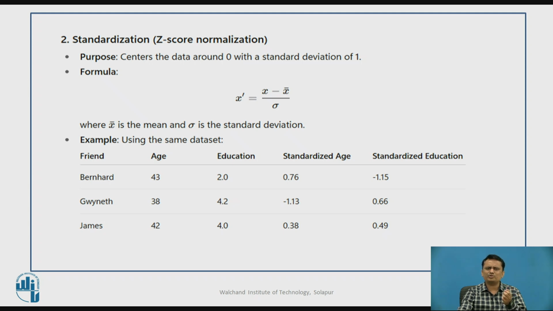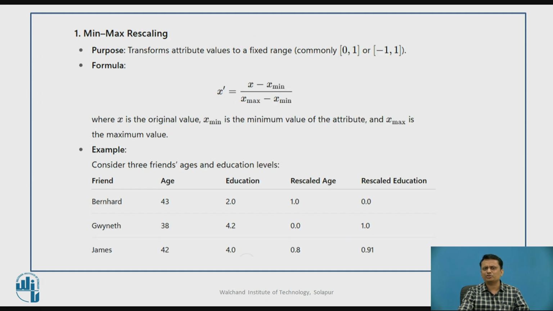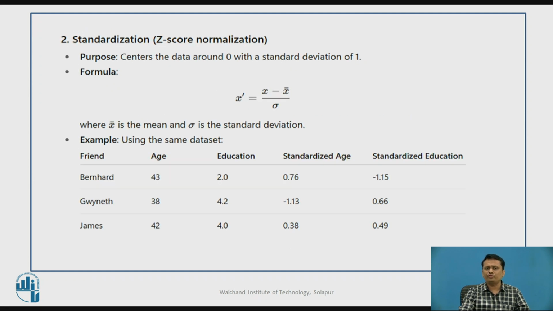Another approach of this normalization is normalization by standardization. So this is a standardization approach instead of a min-max scaling approach. If you use this standardization, whatever is the range, that range gets converted in such a way that the data is centered around 0, and you get a standard deviation of 1 in that data.